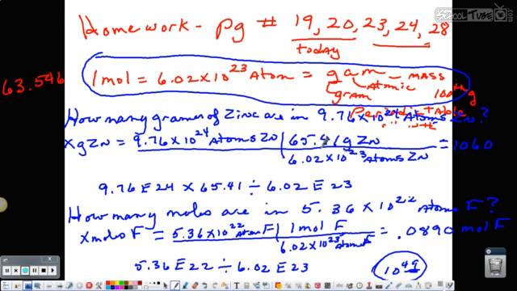How many significant figures do I need? I've got 3, I've got 4, and I've got 3. So 3 significant figures. What happens to the atoms? They cancel. So the unit is grams of zinc.